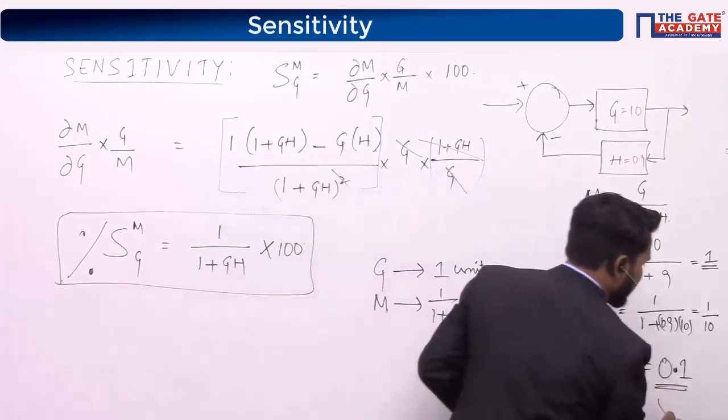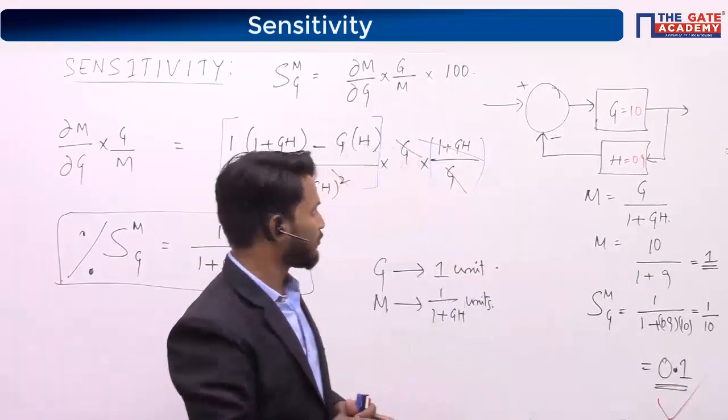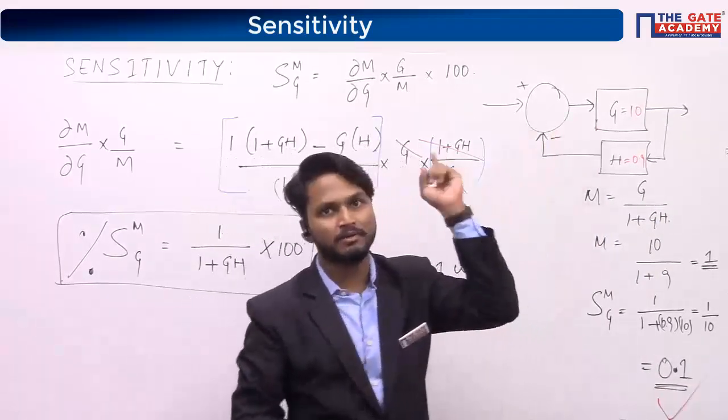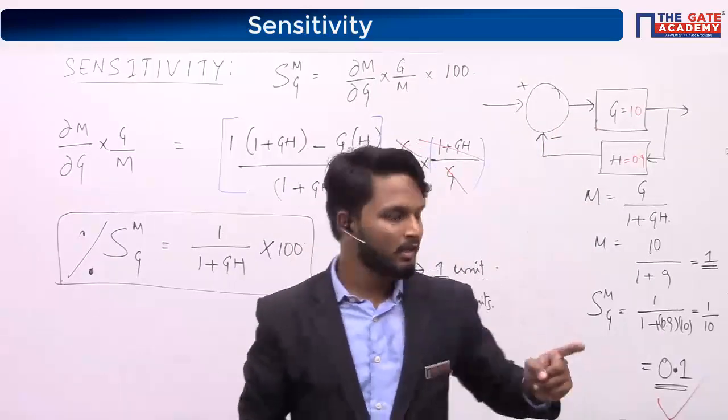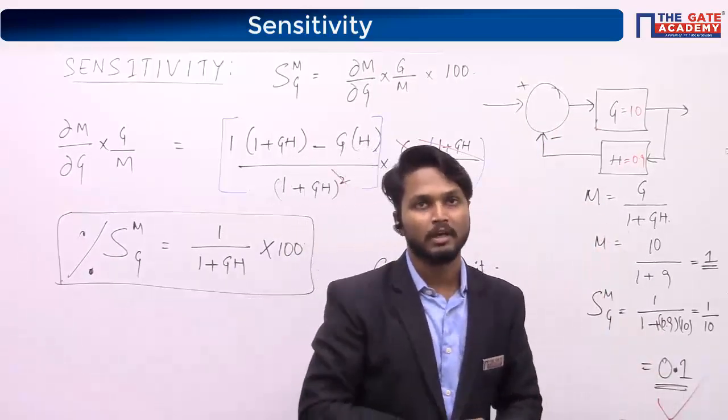This says that if there is 1 unit change in G, the forward path transfer function, the overall transfer function will change by 0.1 unit.